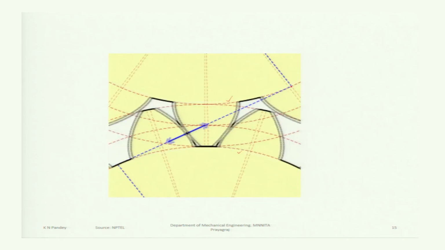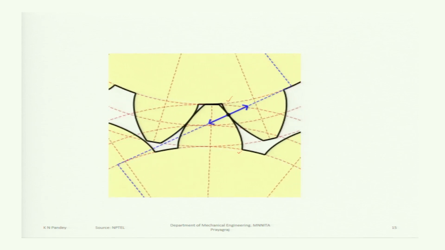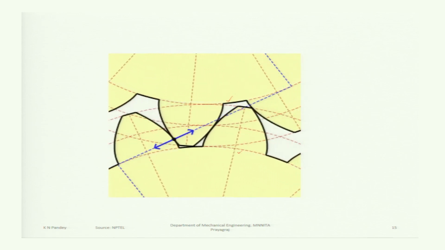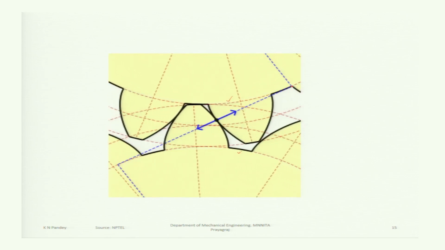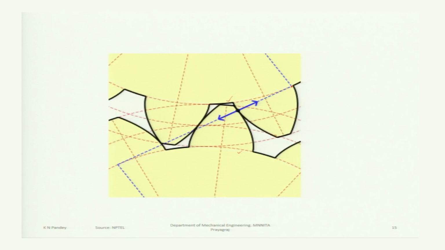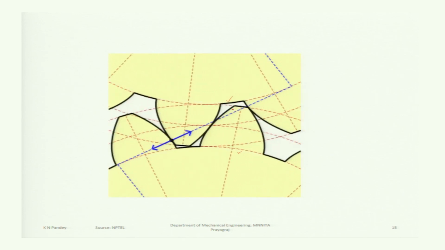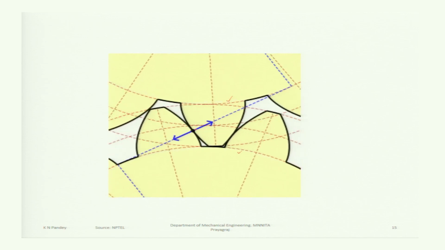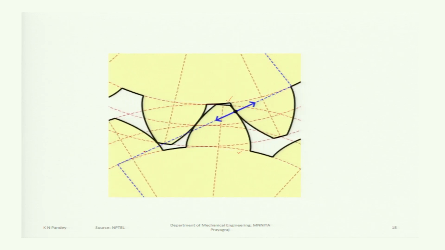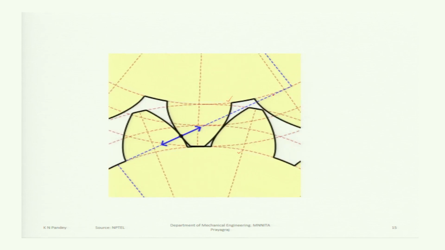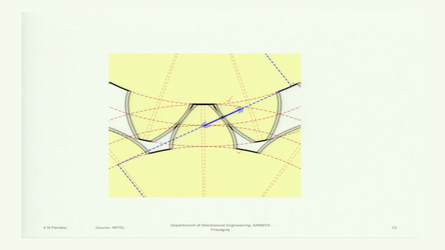So this dashed line is showing the line of action, or the line of the common normal at the point of contact. Now you may see at this point the contact has started and it is ending somewhere here. So the point of contact is always lying along this common tangent on the base circles.